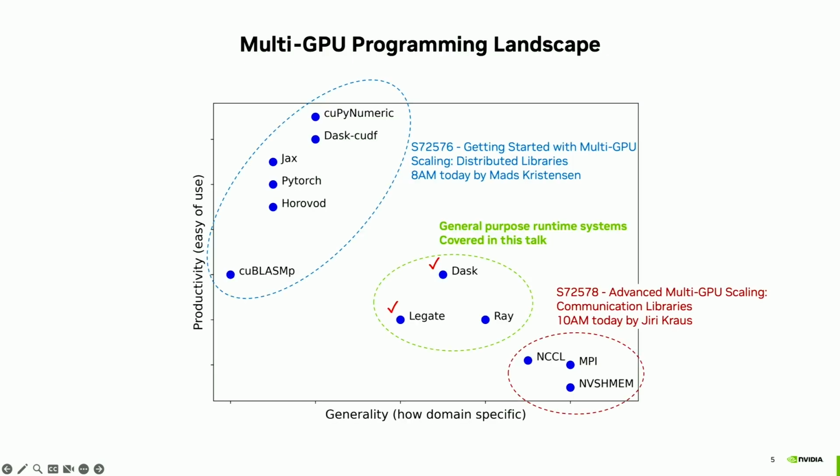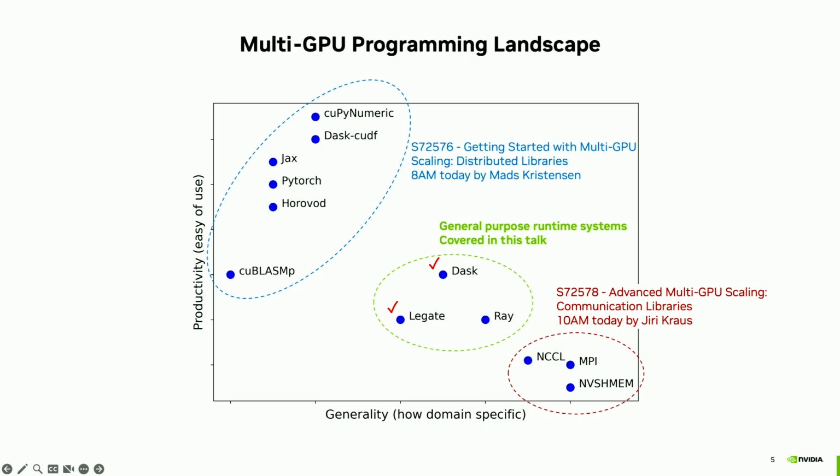So you might have seen this slide in the previous talk. This one kind of unscientifically places different solutions to this problem on a grid. The vertical axis is meant to represent productivity, and the horizontal axis domain specificity. Don't interpret the specific locations very closely. They're just there for exposition.